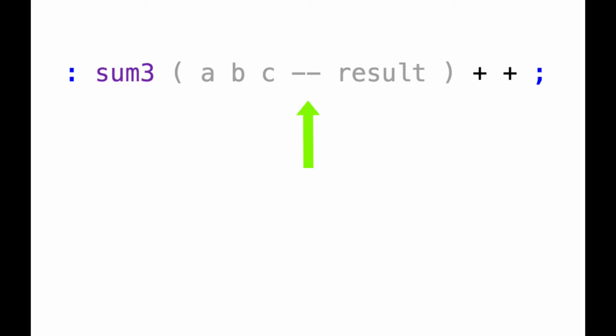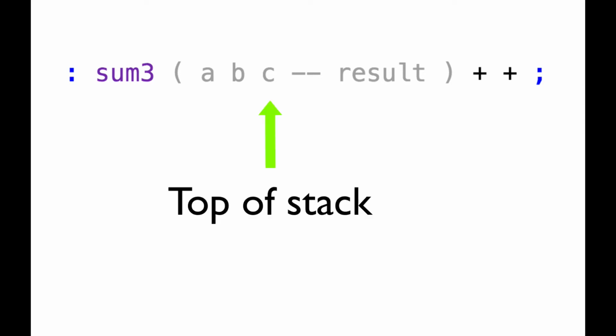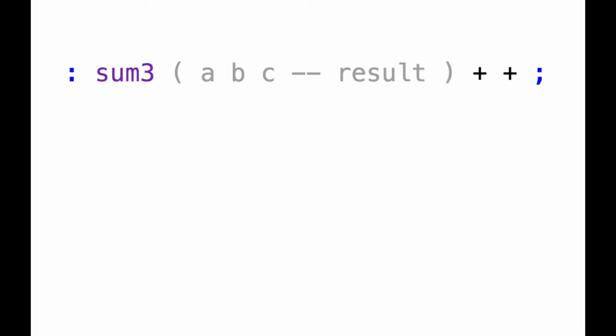We have 2 dashes in the middle. The inputs are on the left of the dashes and the outputs are on the right of them. And you can name them as you wish. With the input list, the rightmost input is the one expected to be on the top of the stack. One more thing, don't forget to put a space after the opening parentheses and before the ending parentheses.